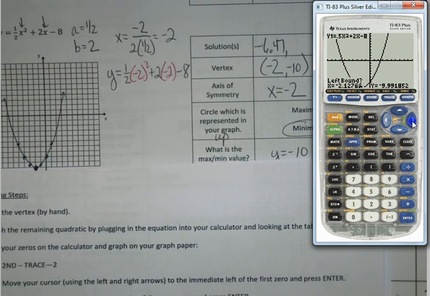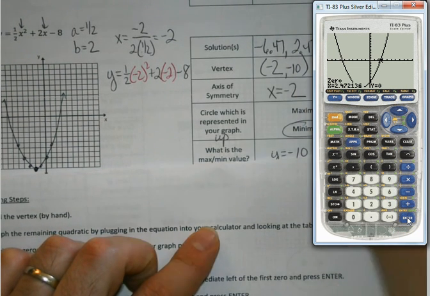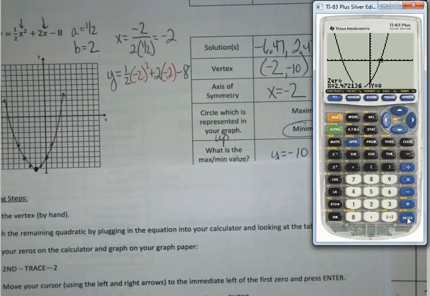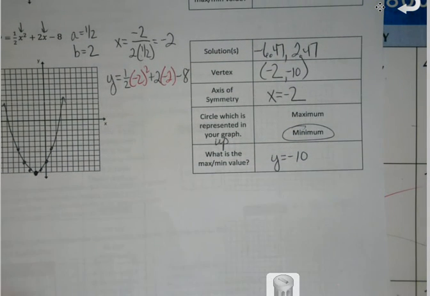I'm getting there. He disappeared, but he's coming back. Anywhere to the left, so where I'm at's good. Now, anywhere to the right of my intercept. So there, I'm to the right. 2 enters. One more funky answer. I've got all of my information here, and I'm done.